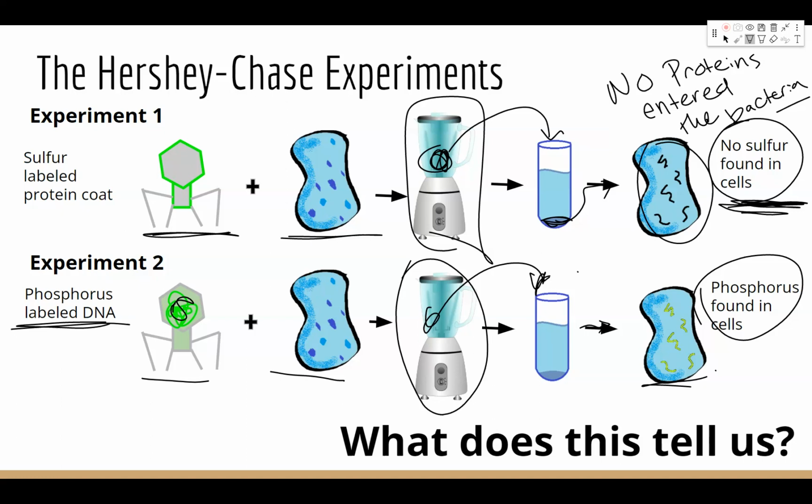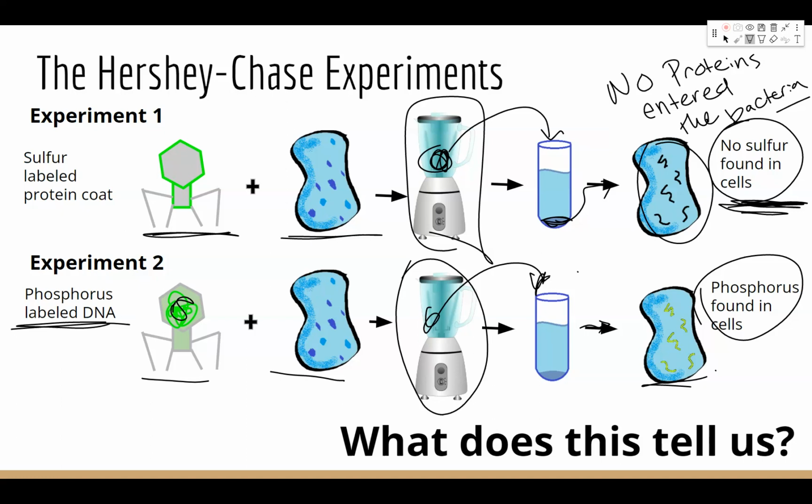What does this tell us? What does it mean that there's phosphorus in these cells but no sulfur? Yeah. That it's DNA. All right.